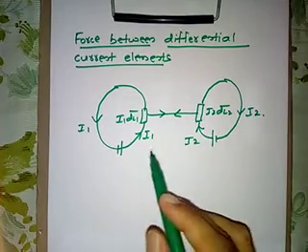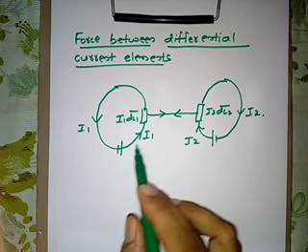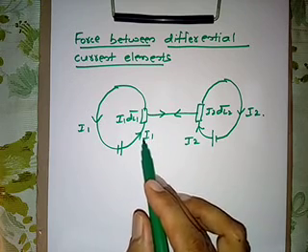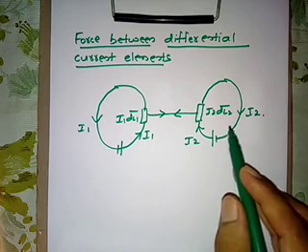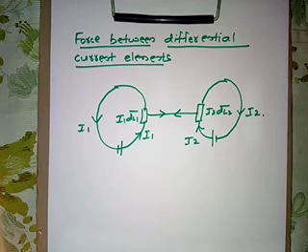Similarly, the magnetic field produced by I1 dl1 bar, that is the current element, exerts a force on I2 dl2 bar, that is the other current element.